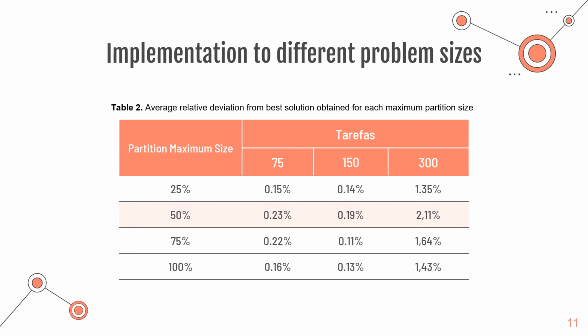Given the values in the table, it is possible to see that by decreasing or increasing the number of tasks, the performance differences between the maximum partition sizes remain close. It is only interesting to point out that in the three cases, the size that had comparatively the worst results was the one considering the value of the original algorithm, that is, 50%.